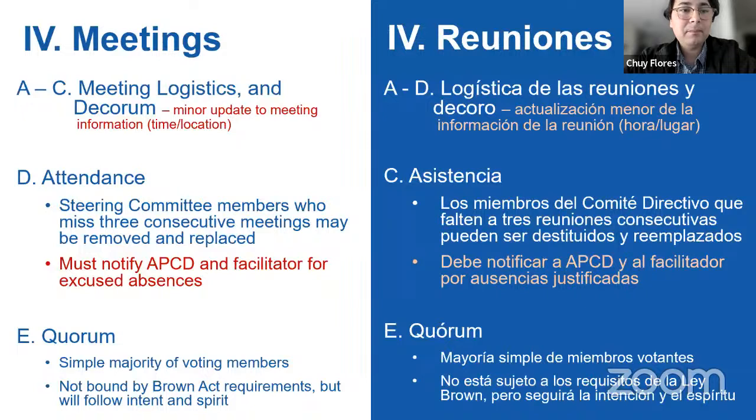Next slide, please. In terms of meeting logistics and the decorum section, those sections have largely remained the same, where the language has been updated to reflect the virtual meeting reality we are in now. In terms of attendance, we kept the same language on notifying ABCD and the facilitator if you plan on missing the meeting, and a lot of folks are already doing this, so I appreciate it.